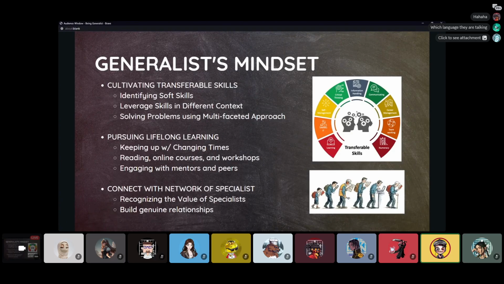And then at the same time, about recognizing the value of specialists is to learn as well from the specialists in specific fields. So learn from the experts. And I just want to emphasize this, learn from experts and not just so-called influencers and gurus. So yeah, find someone who is licensed or someone who has a deep experience in his field as a specialist.